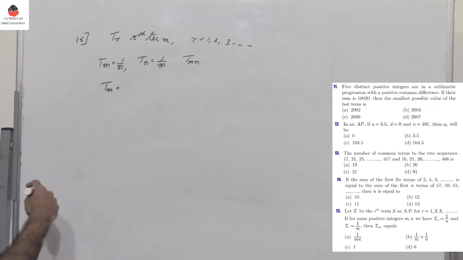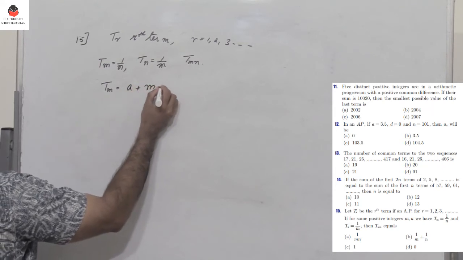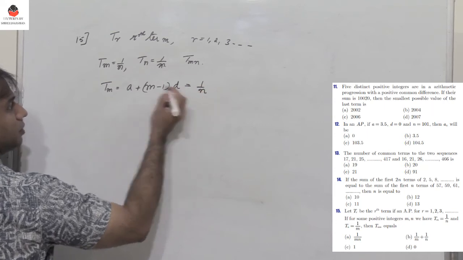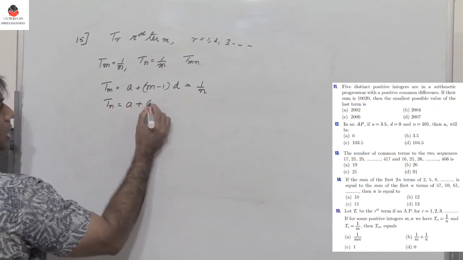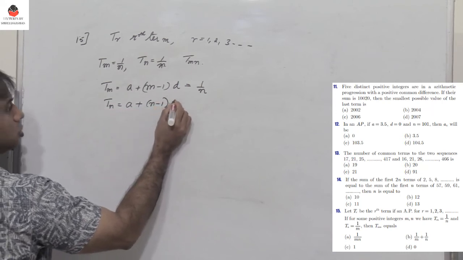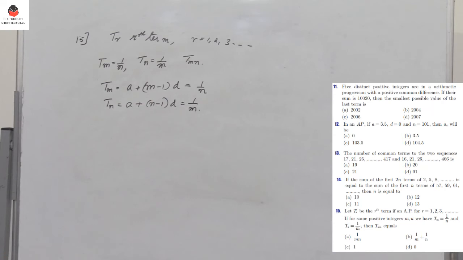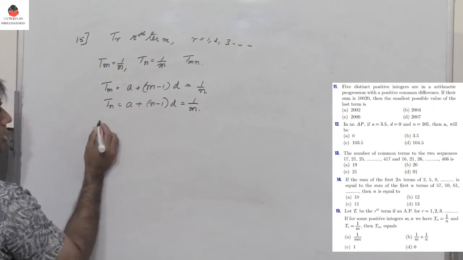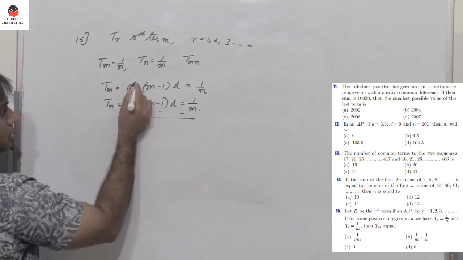We know that the general expression for the mth term is a plus m minus 1 into d, and that is equal to 1 by n, given. Similarly, Tn equals a plus n minus 1 into d, and this is equal to 1 by m. Alright, so now let us subtract these two. If I subtract these two, what do I get? Subtract. So a gets cancelled.